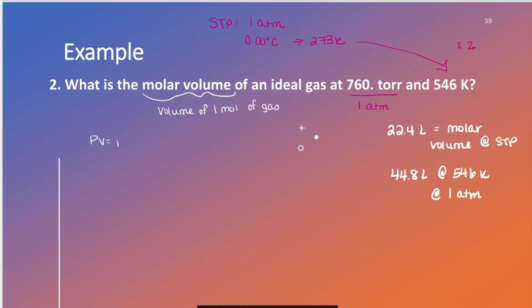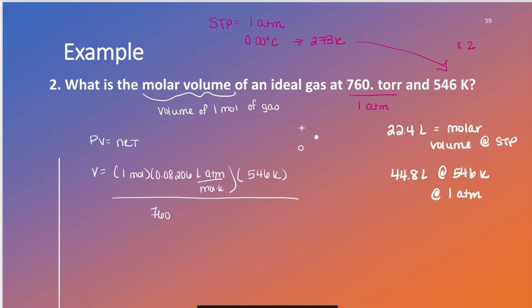So if I'm looking at PV equals nRT, I want to find volume of 1 mole, gas constant 0.08206 liter atmosphere per mole K, temperature 546 K, and pressure 760 torr, convert to atmosphere. And I'm going to get 44.8 liters. So you can solve it one of 2 ways, but 44.8 will be your answer here.